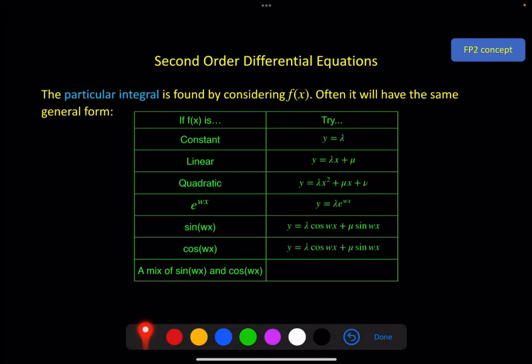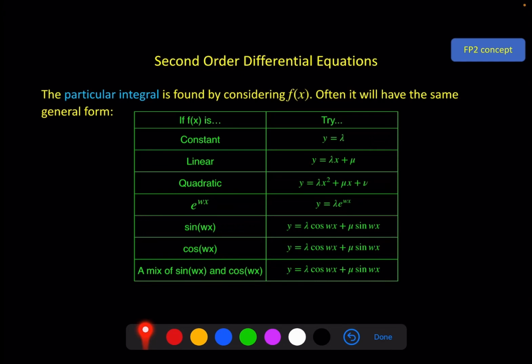Same with the cosine, use a mix, and obviously if it is a mix, then still use a mix. And sometimes you'll find one or more of these constants are 0. For example, with a quadratic, you might just find that lambda is the only number that's non-zero. Okay, that's fine. But you need to allow for the possibility that these are non-zero as well.